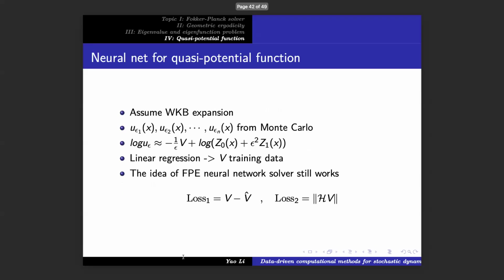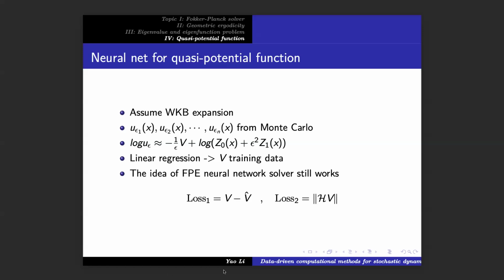So the question is how can we get the data for this quasi-potential? Well, it turns out that you cannot get the approximation by just using one noise. You have to run Monte Carlo simulation for a few different magnitudes of noise. Usually we do this for 9 or 10. So we run Monte Carlo simulation with different magnitudes of noise, and then you take the logarithm of this WKB approximation.